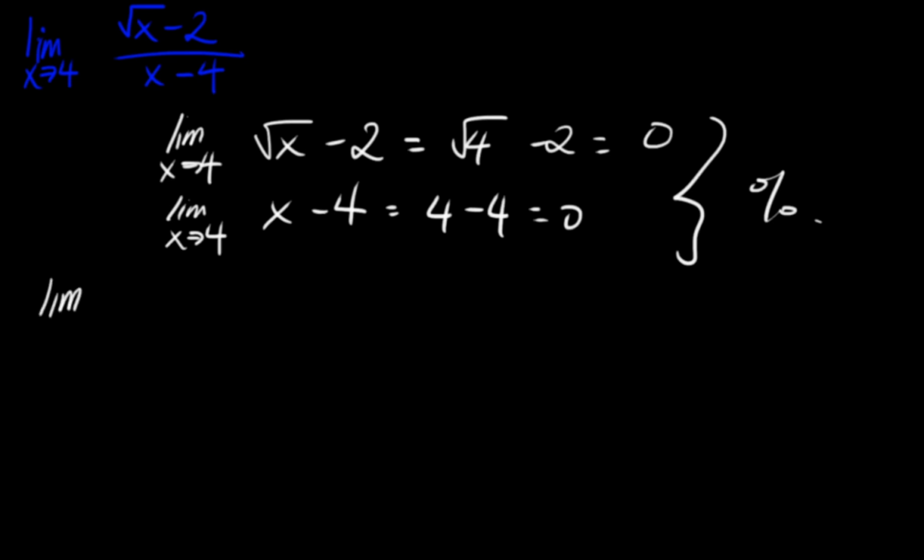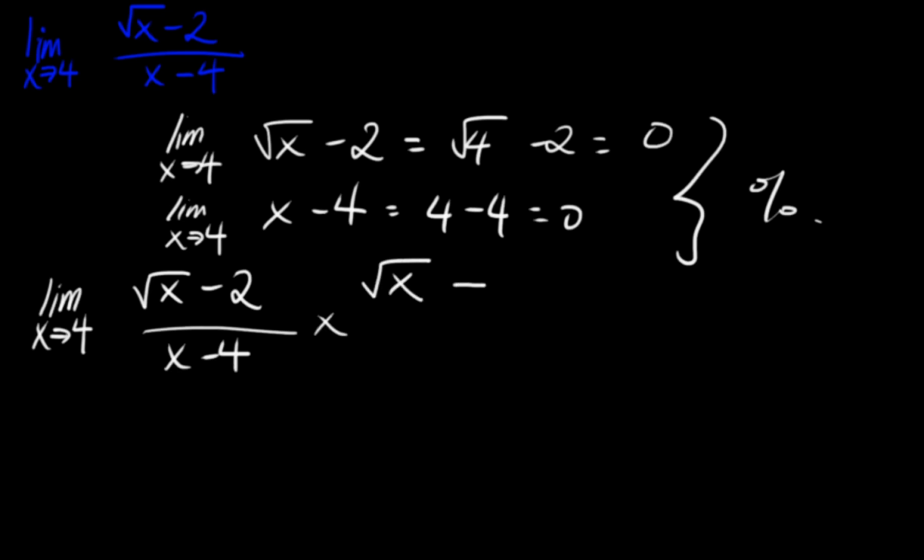The limit as x approaches 4 of the square root of x minus 2 over x minus 4, and that'll be, of course, times the square root of x plus 2. We do that plus 2 to basically reverse it, right? And of course, we're going to put it at the bottom as well, the square root of x plus 2, right?